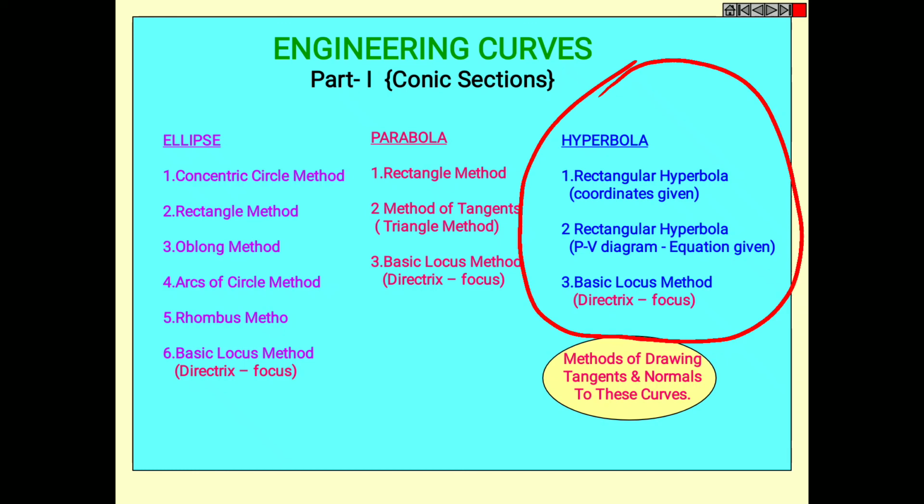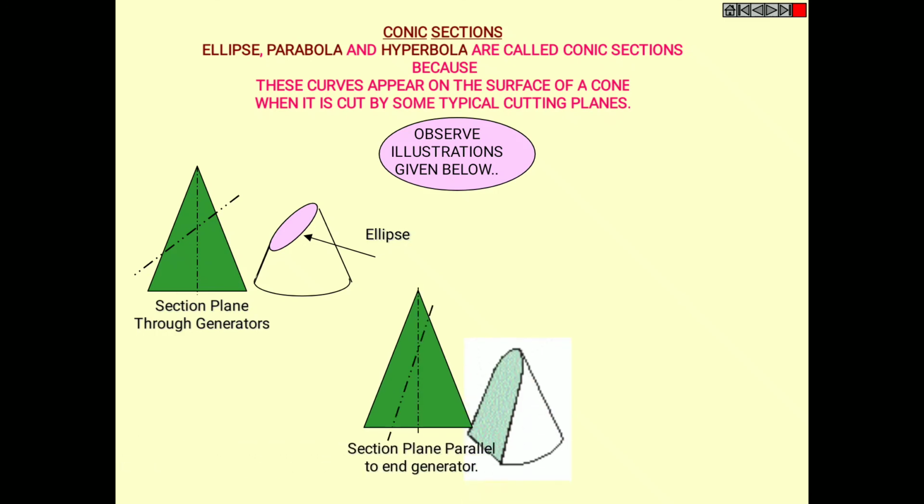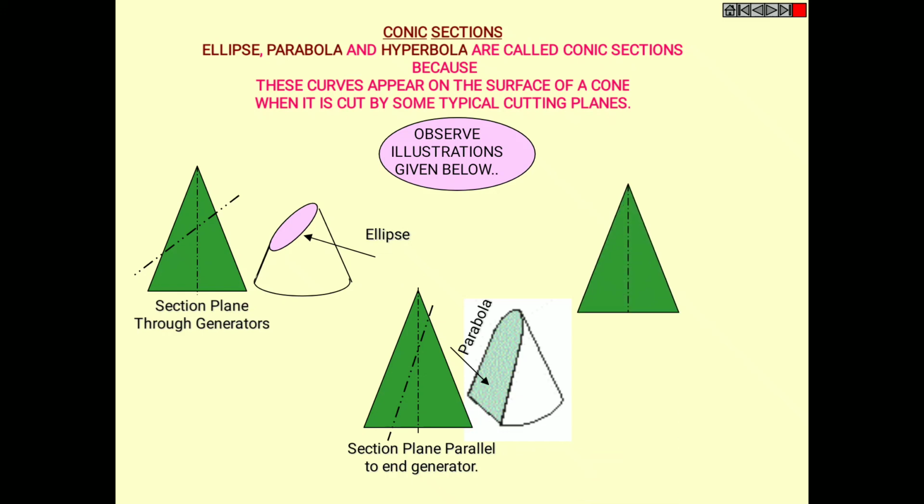We will see how a hyperbola looks. We have seen how the ellipse looks and how the parabola looks. Now we will see how the hyperbola looks. Similarly, you take a cone and cut the cone vertically, and the section plane should be parallel to the axis line.